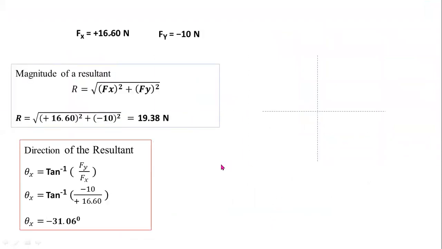Okay. Now I want to represent a resultant. Here, Fx, Fy. First, you have to identify the sign conventions. Here, Fy is negative sign.